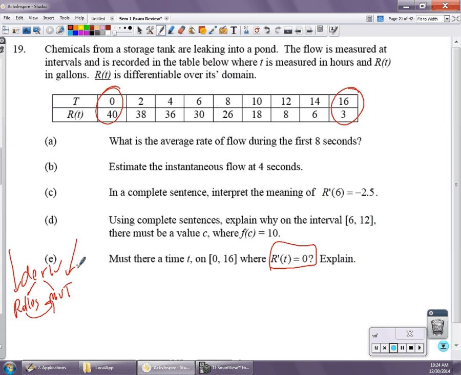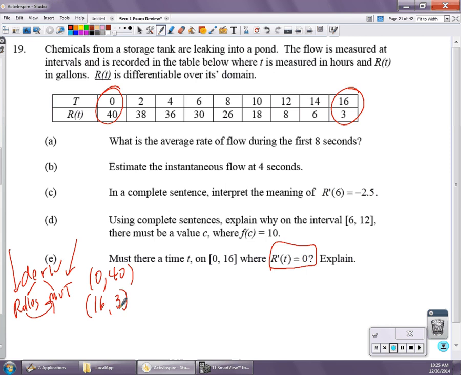All right, let's find out. We know that all the conditions are met. We have a closed interval, our function's continuous, and it's differentiable on the open interval. So the endpoints, if we look at 0, we have a y value of 40, and when we look at 16, we have a y value of 3.